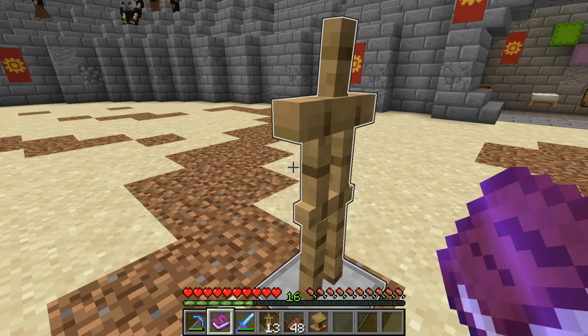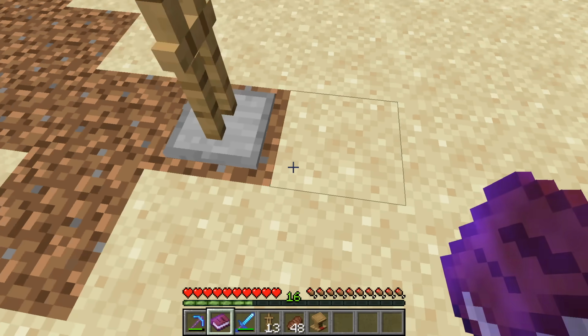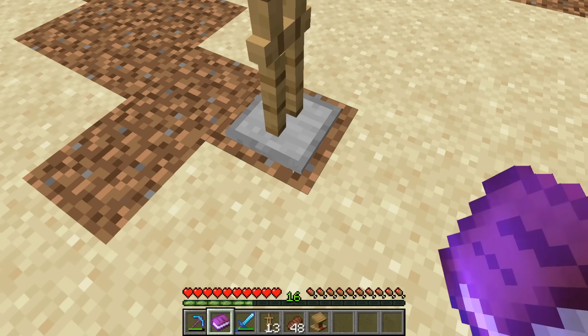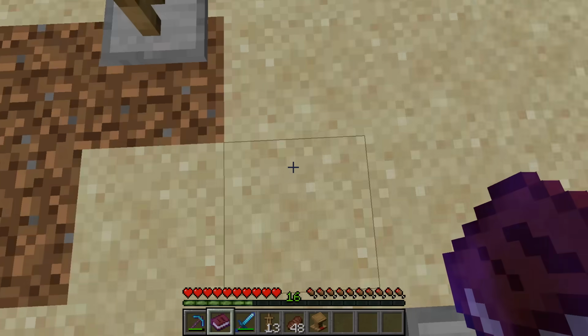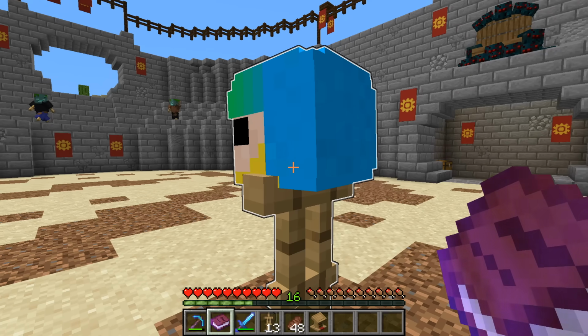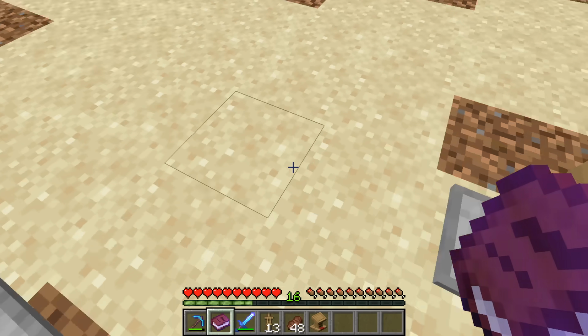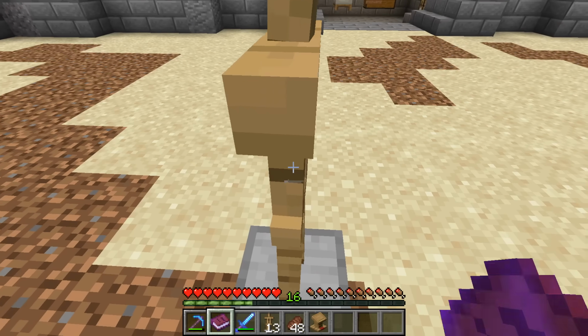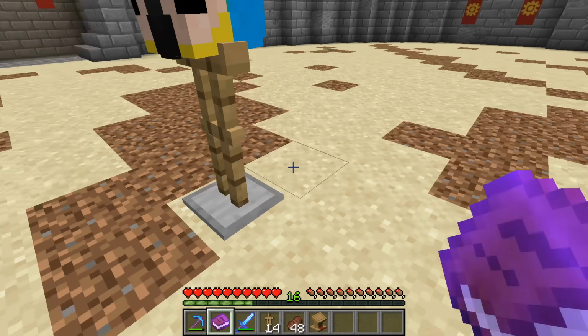Check target. It's this one. Okay, so anything I do while standing here will affect this one, but not this one. However, if that one moves away slightly, that sometimes gets affected. So now I'm affecting this one because I've pushed that one slightly further away. It tends to be that the closer you are to an armor stand, the more likely you are to affect it.